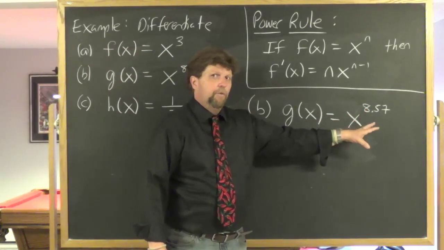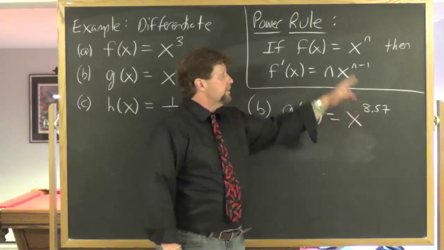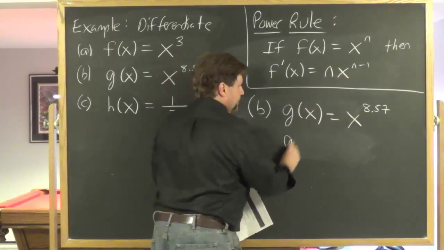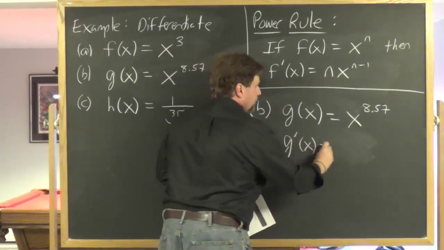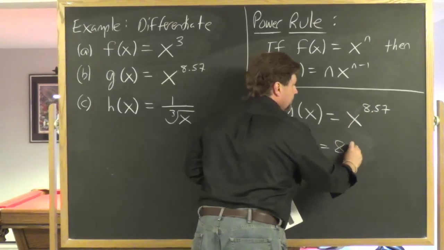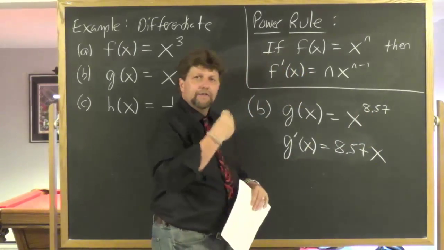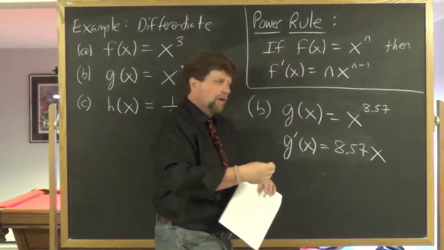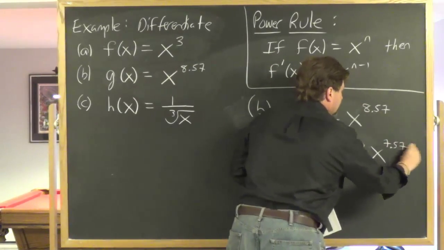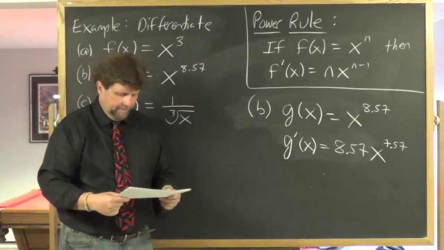It's a decimal, but it's still a real number, which means we go ahead and use the power rule to get the derivative. 8.57 comes in front as a multiplier, and then we just subtract 1 from the exponent. 8.57 minus 1 is 7.57. And that's the derivative for part B.